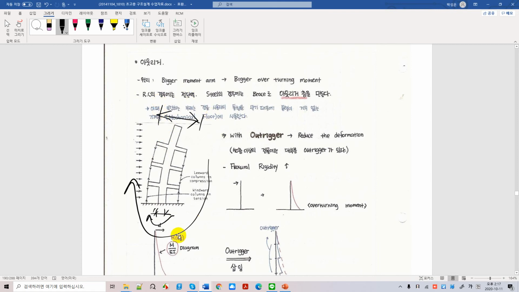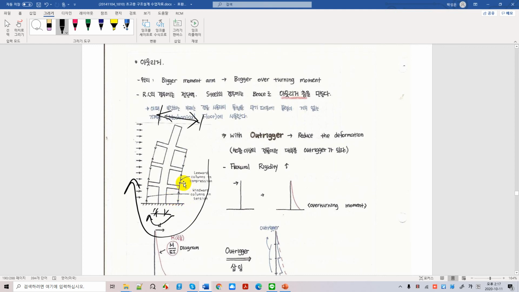And this is a very good idea and a very economical way to enhance the seismic resisting capacity of high-rise buildings. And we may have one outrigger or two outriggers or three outriggers, as you see in these illustrations.